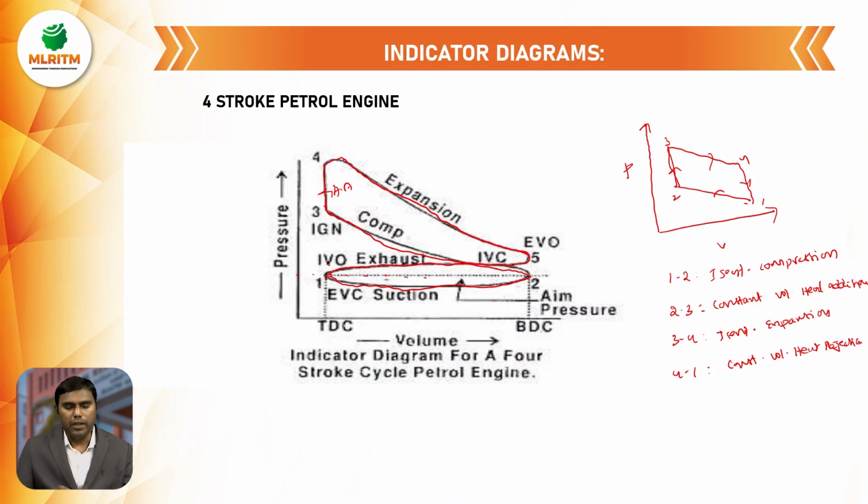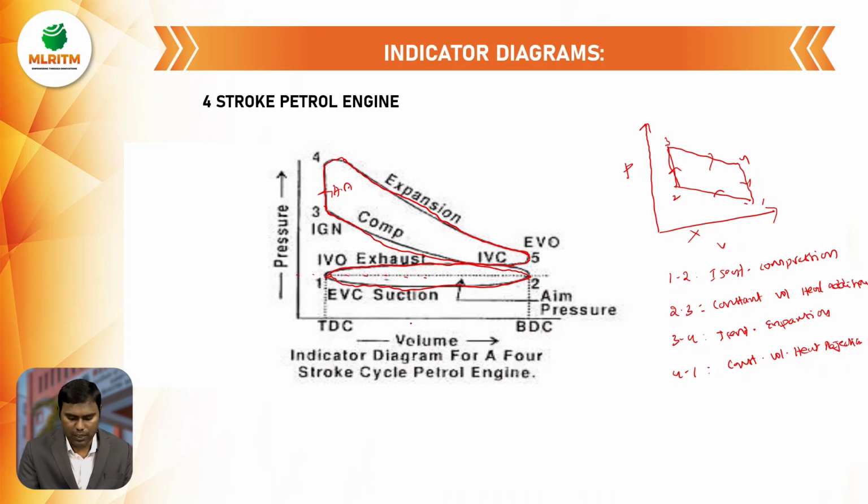The indicator diagram is mainly used to analyze how the actual pressure and volume vary and to compare with the theoretical diagram. If you observe clearly, in the suction stroke the pressure is less than atmospheric, and in the exhaust stroke the pressure is greater than atmospheric. All these things are not indicated properly in a theoretical diagram.